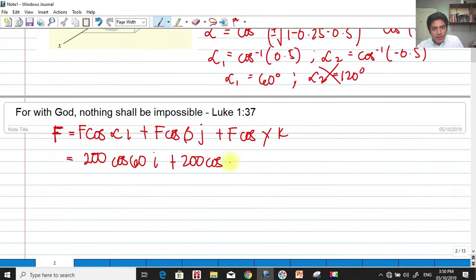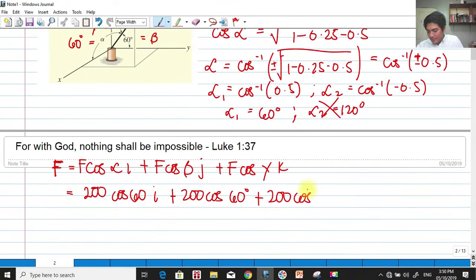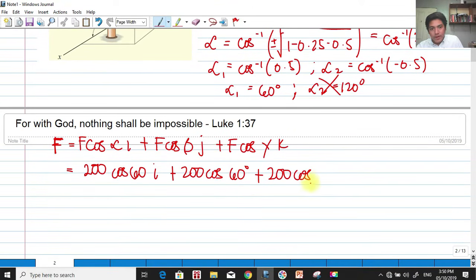Beta is 60 also, plus 200 cosine of 45 degrees K.